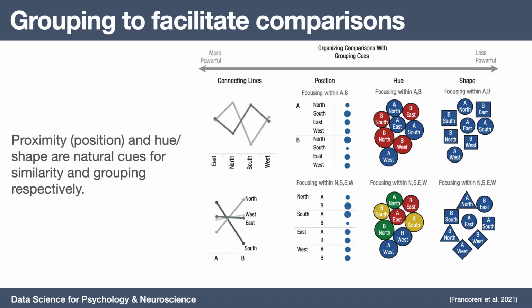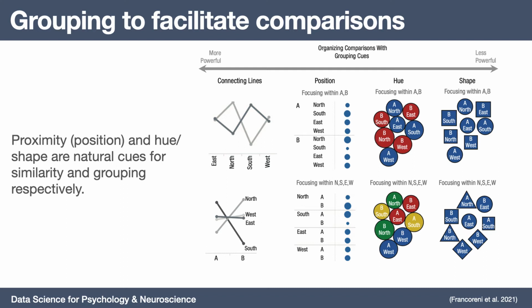Other ways of really making things pop is by choosing colors, as I showed before, or hue in this case. So here on this third column, you see that at the top, A is in blue and B is in red, and it's very easy for a visual system to discern the difference between A and B. On the bottom, we're grouping now not A versus B, but directionality, so east, west, north, south are different colors, and it's easy to very quickly see which dots belong to the north group and which dots belong to the east and west group.